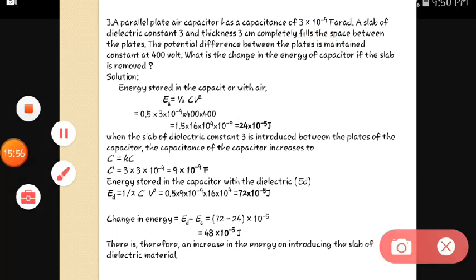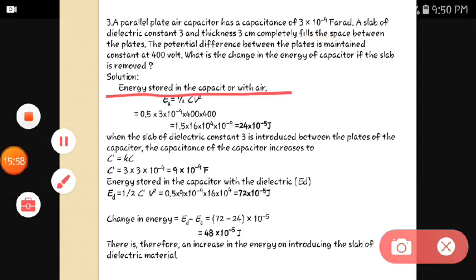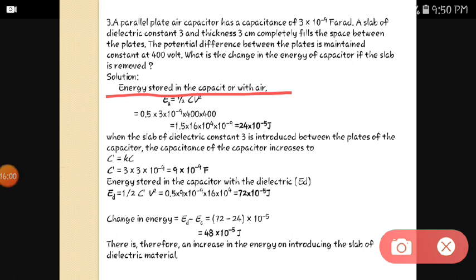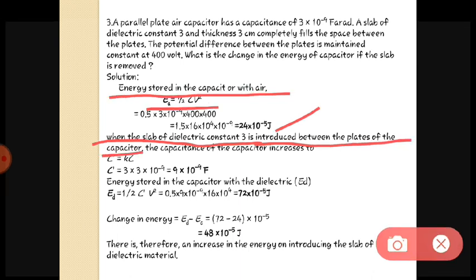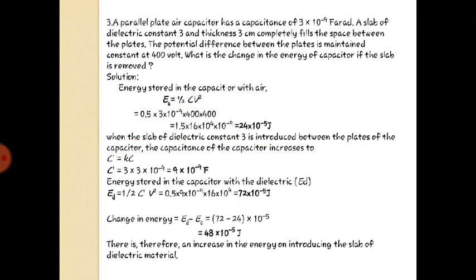No issues. First, the energy stored in the capacitor with air is nothing but EA is equal to half CV square. All things are given. Just by putting all the terms, we are getting this as 24 into 10 to the power minus 5 joule. Okay. When a slab of dielectric constant 3 is introduced between the plates of the capacitor, what will happen to the capacitance?